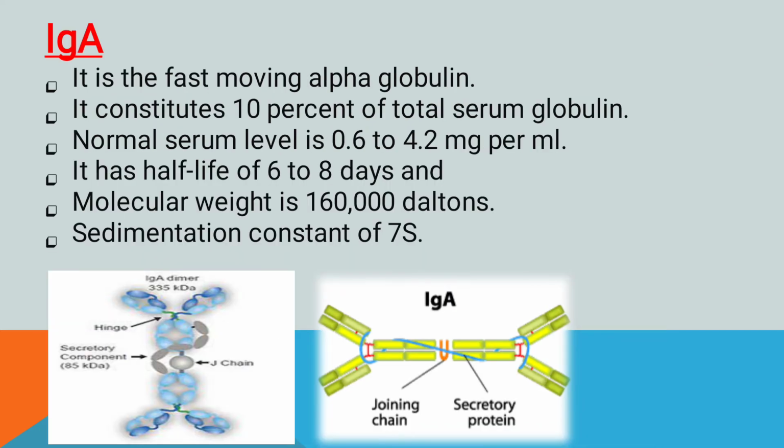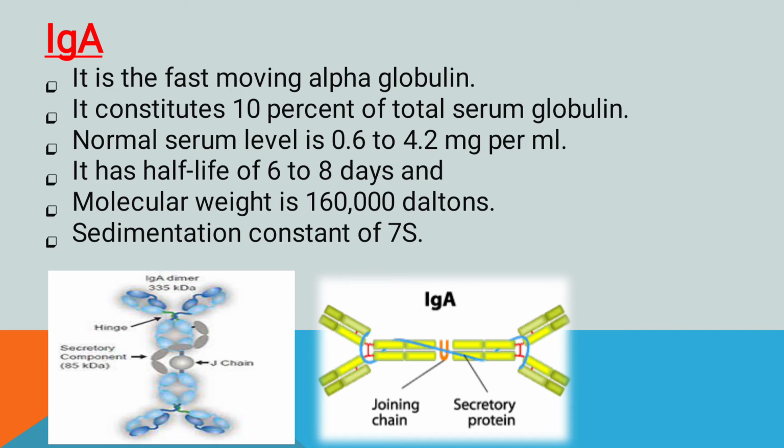Moving on to the next immunoglobulin, that is IgA. IgA is a fast moving alpha globulin and it constitutes about 10% of the total serum globulin. Normal serum level is 0.6 to 4.2 mg per ml and it has a half-life of about 6 to 8 days.